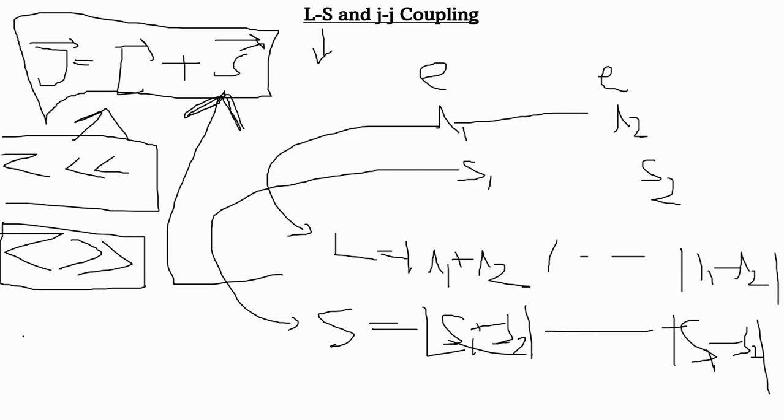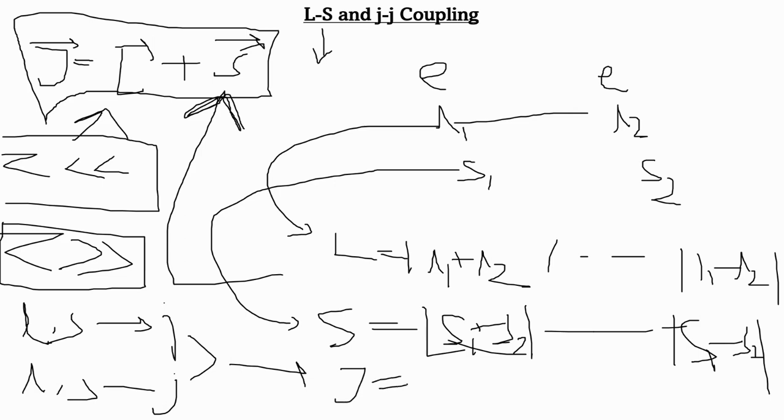So in that case, if the electron has L and S, then it will form a small j. Similarly, the other electron which has another L and another S will form a small j, and these j's will form the total quantum number, which will be J1 plus J2 to J1 minus J2 with increasing 1.